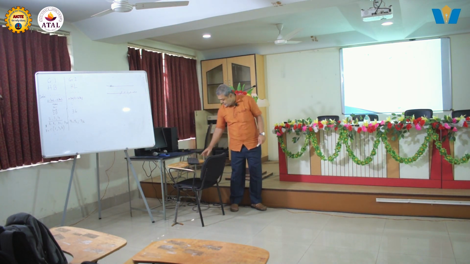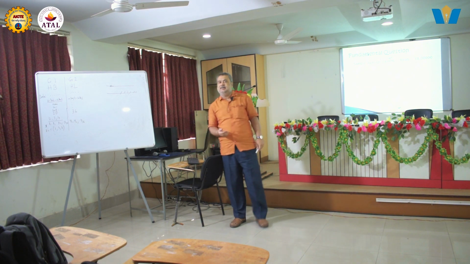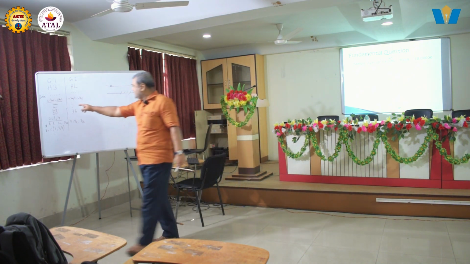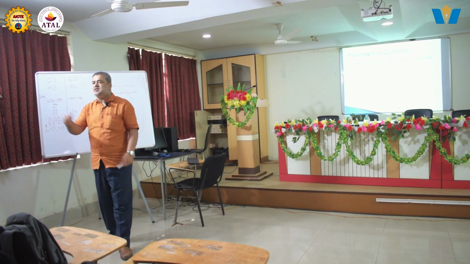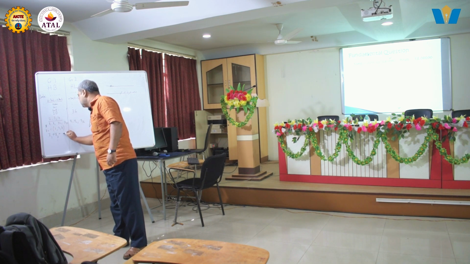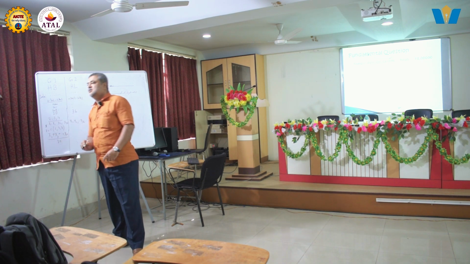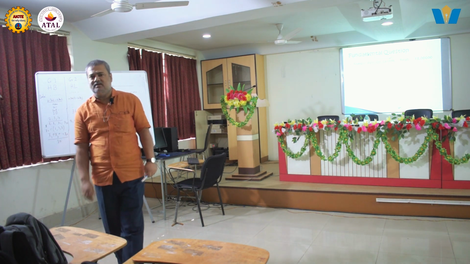So let us see the sample average gain. How can you find it? The average gain is x1 plus x2 up to x20, divided by 20. This is the sample mean.